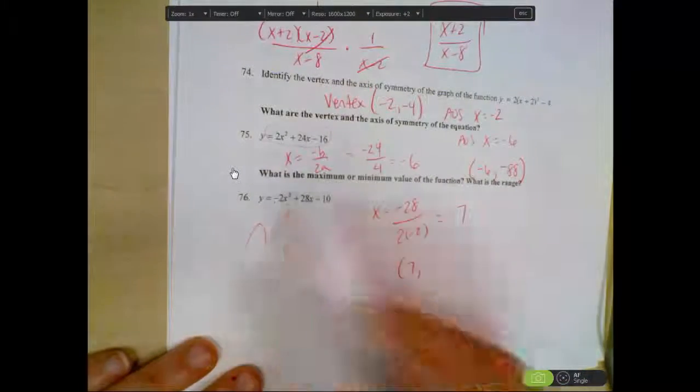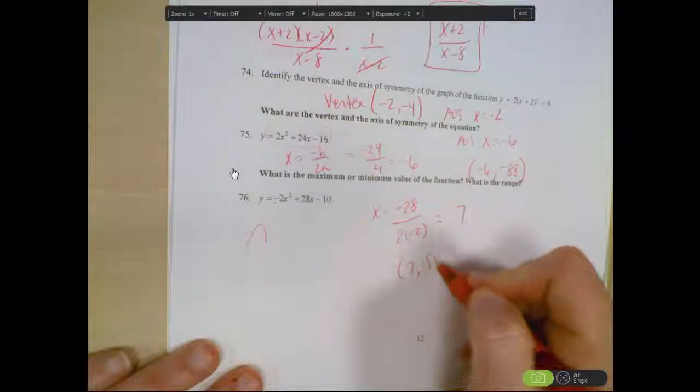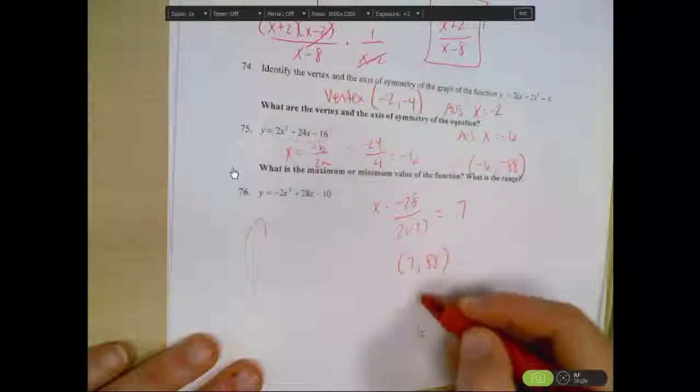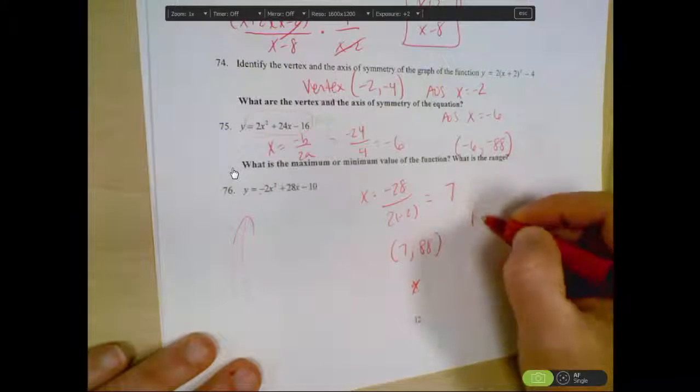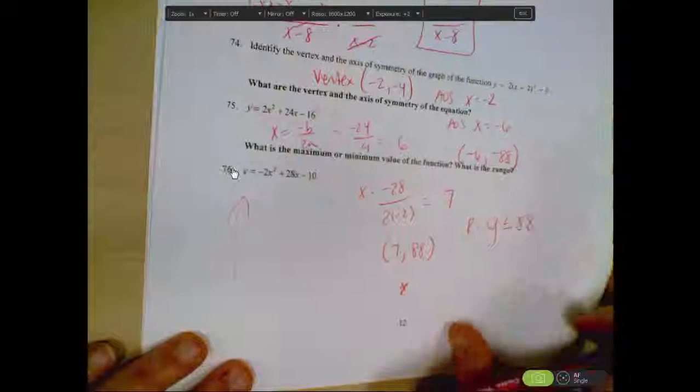So the y value is going to be 49 times negative 2, negative 98, plus 28 times 7, minus 10. Wow, 88. Weird. So the range is going to be all the numbers smaller than, so the range, y is less than or equal to 88. Don't worry about the range. All right, last page.